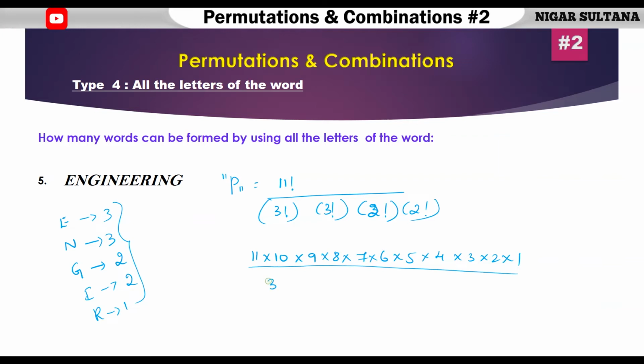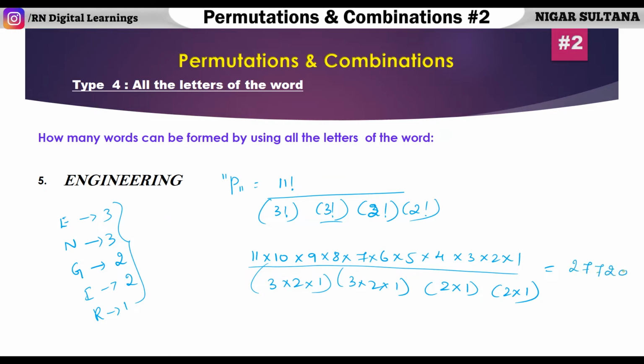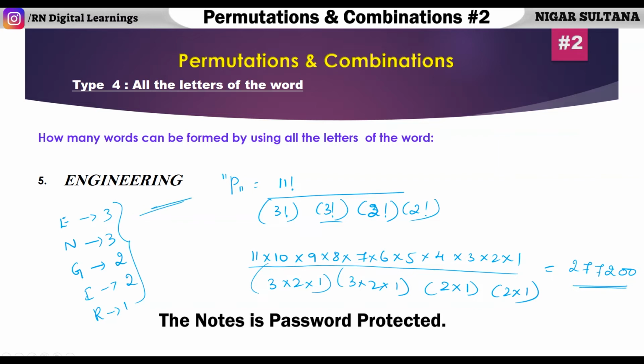Next, this 3 can be written as 3 into 2 into 1. Again 3 into 2 into 1. 2 factorial can be written as 2 into 1. Again 2 into 1. So when we calculate this, we get the value as 277200. This is the value of this word engineering.